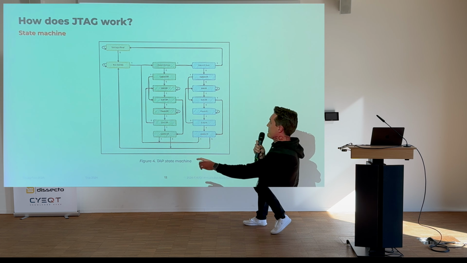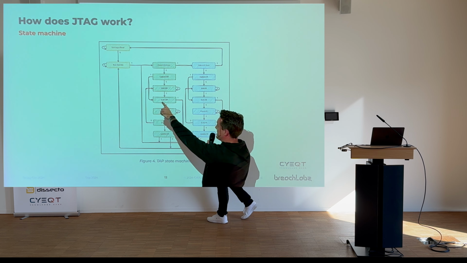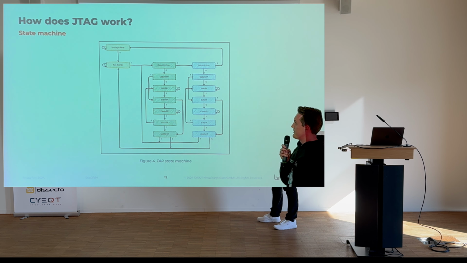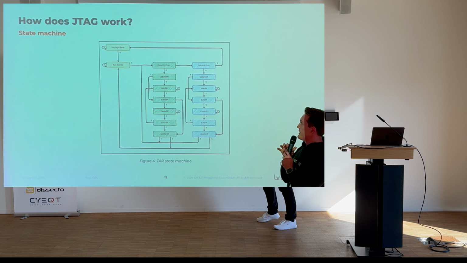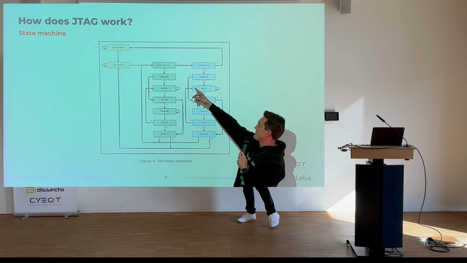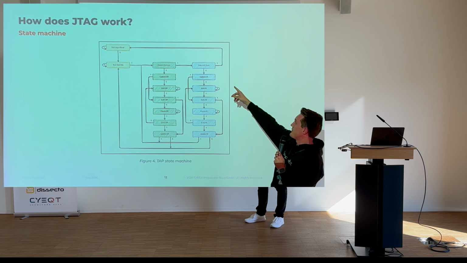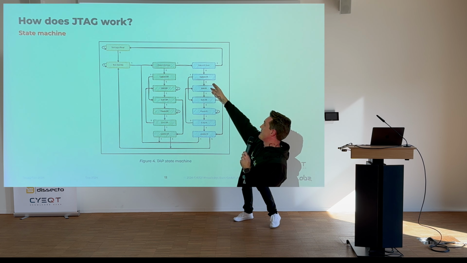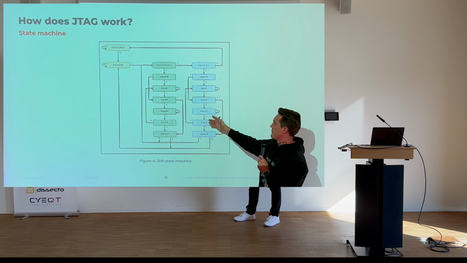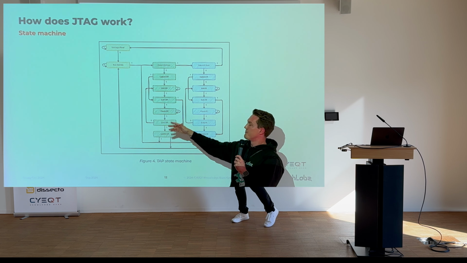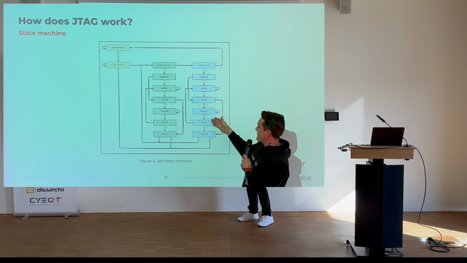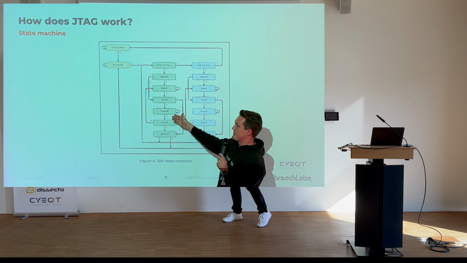Then we can transition towards the run test idle. This is where all of those things are initialized. And then we can transition either into the select data register scan or into the select instruction register scan. So this whole chain, that looks very similar to this chain on purpose, is the instruction register chain, and this is the data register chain.